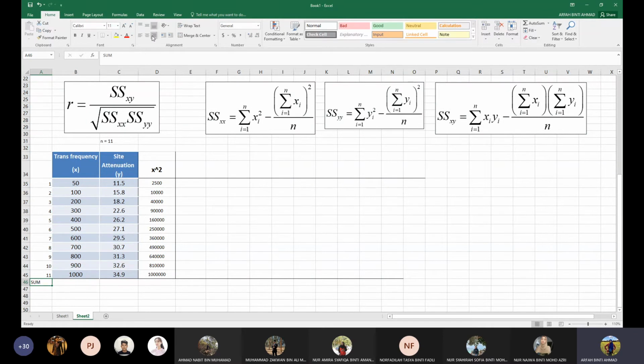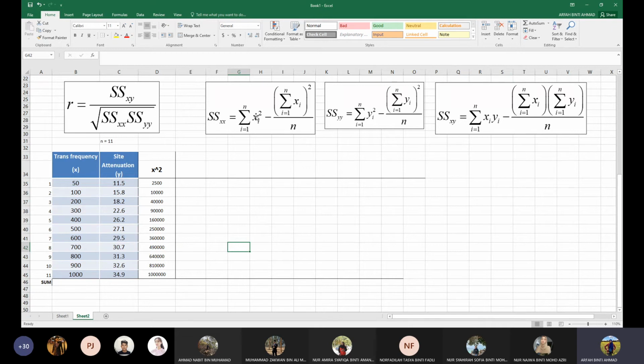Untuk total, untuk jumlah. Dan yang lain? Get it or not? Okay.